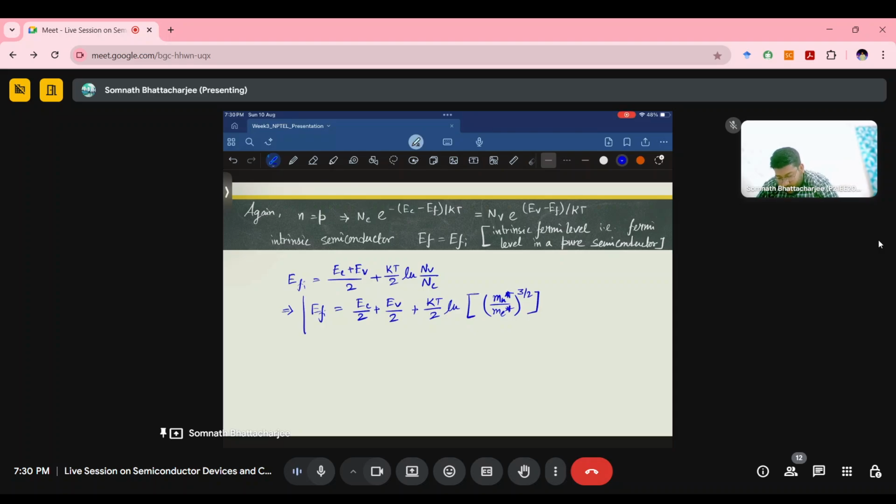So this is the basic formula we get for the intrinsic Fermi level. We can easily determine the intrinsic Fermi level based on the values of EC, EV, the effective mass of hole and effective mass of electron.